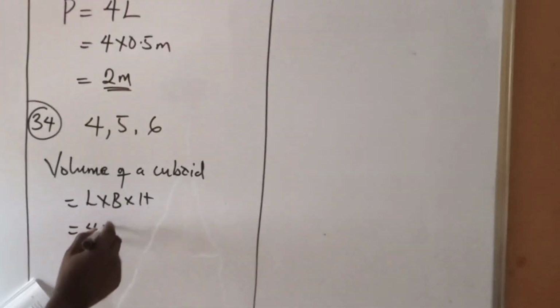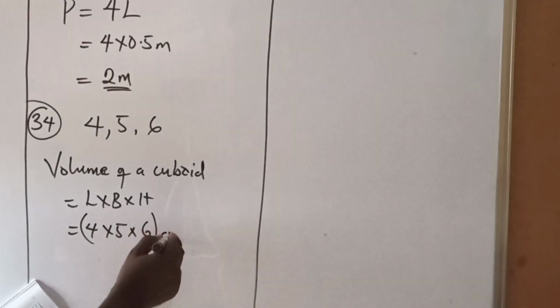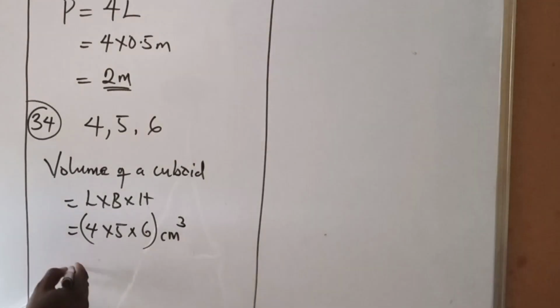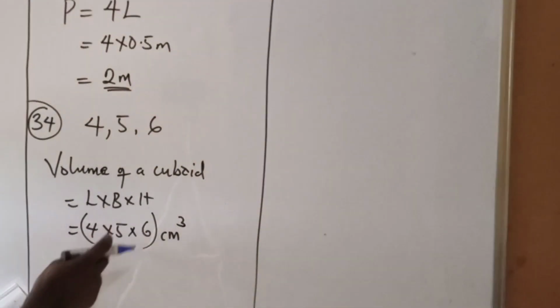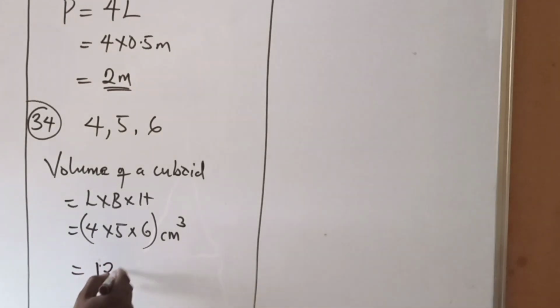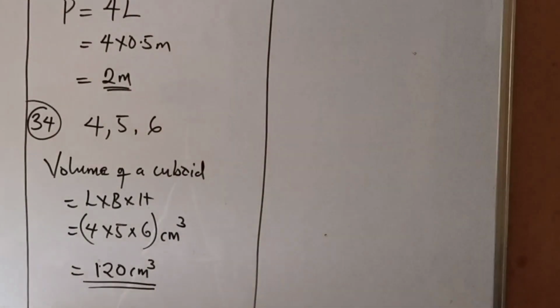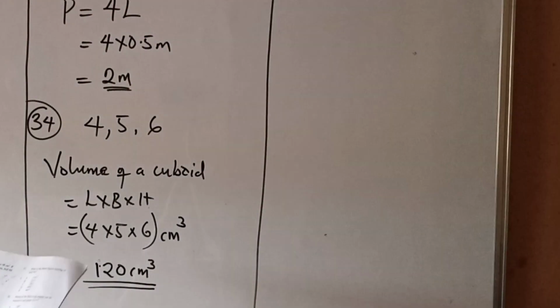It means 4 multiplied by 5 multiplied by 6, everything in centimeters cube. So 4 times 5 is 20. 20 times 6 is 120 centimeters cube. Don't forget to put your units. Failure to do that is lost mark if it is a theory question.